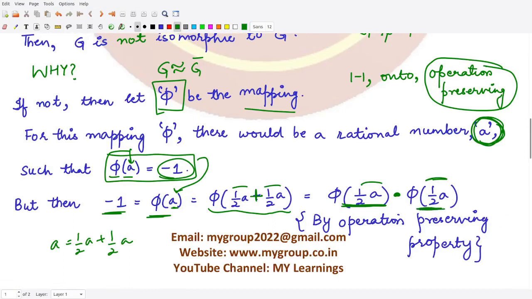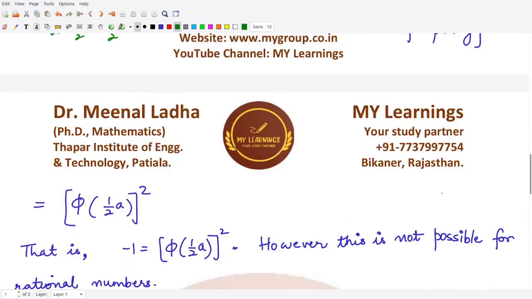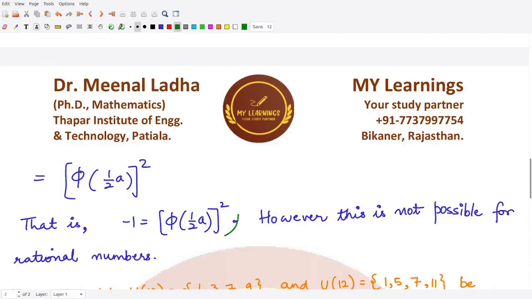So that means you can write this as phi of half A, whole square. So you have written minus 1 as a square of some quantity, right? This is not possible in real numbers, because in that case we would require a complex number.